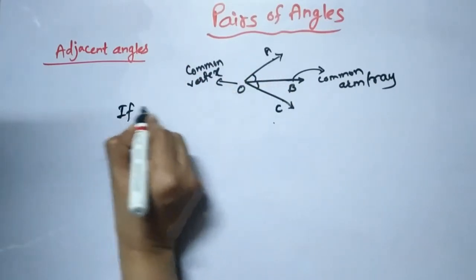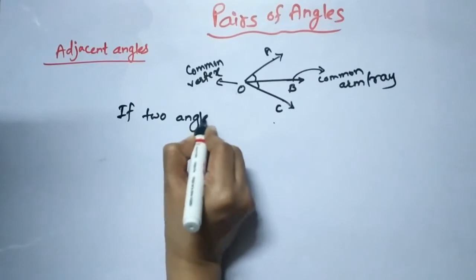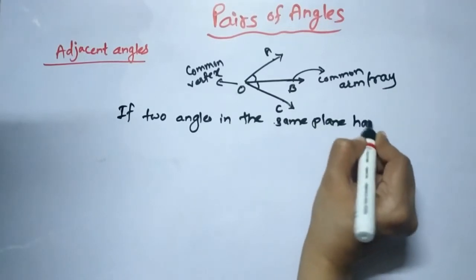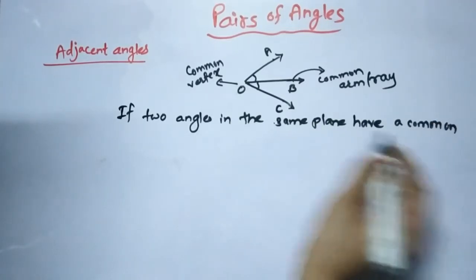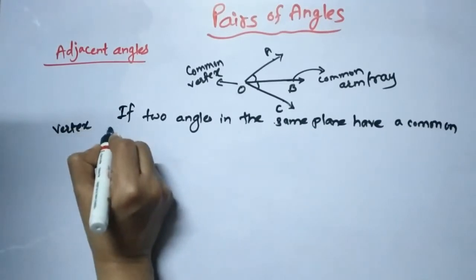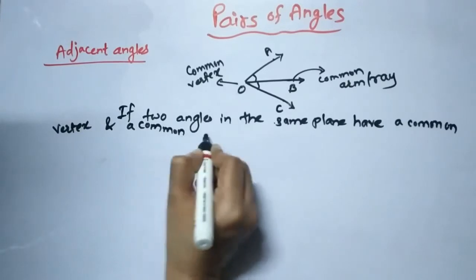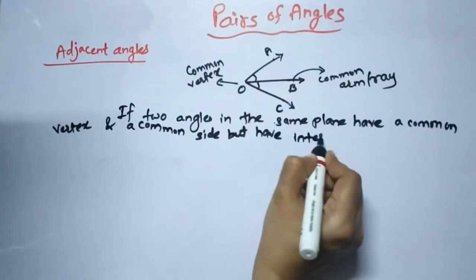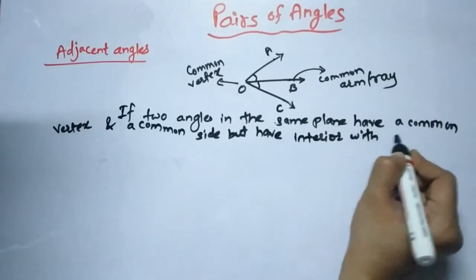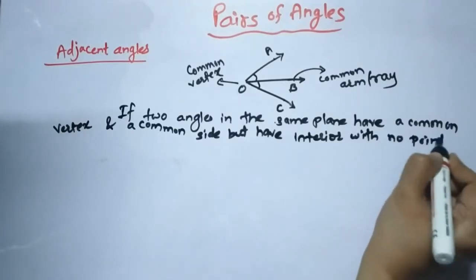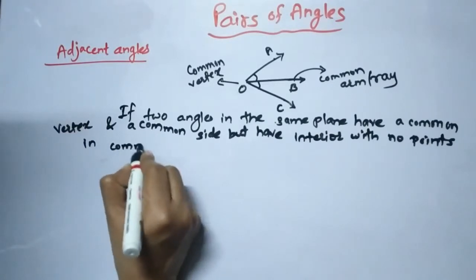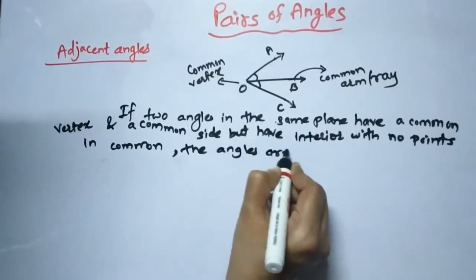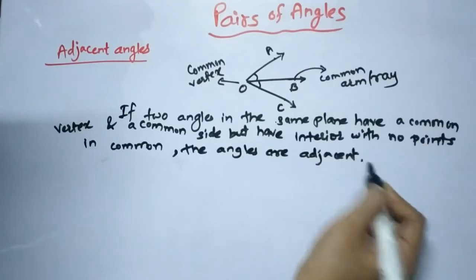So you can say if two angles in the same plane have a common vertex and a common side, but have interiors, interiors means the inside part of the angles, with no points in common, you can call the angles adjacent.